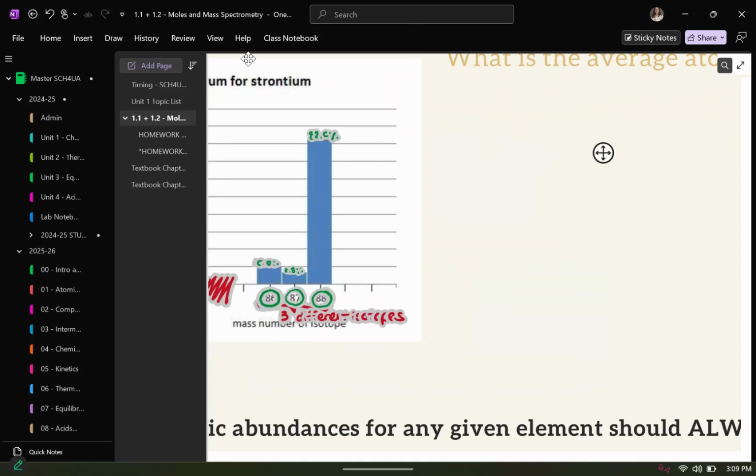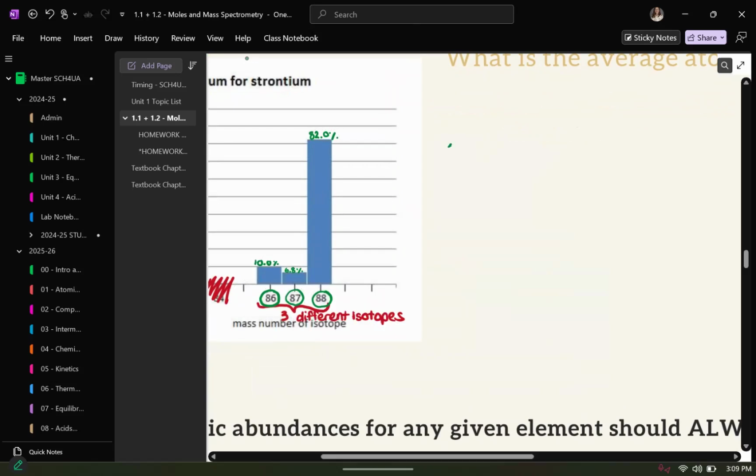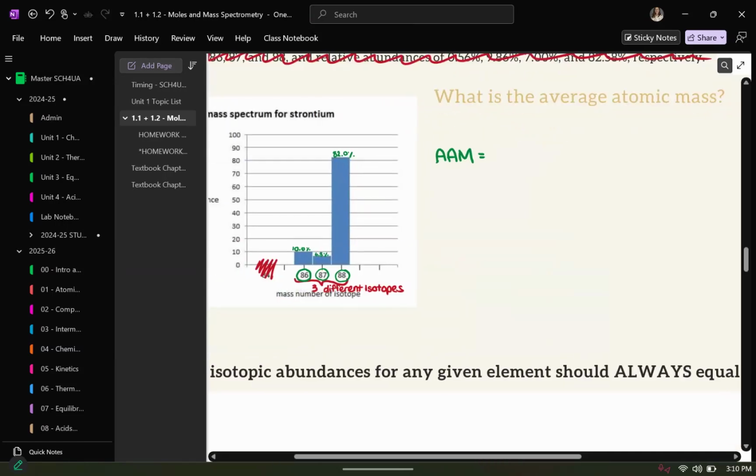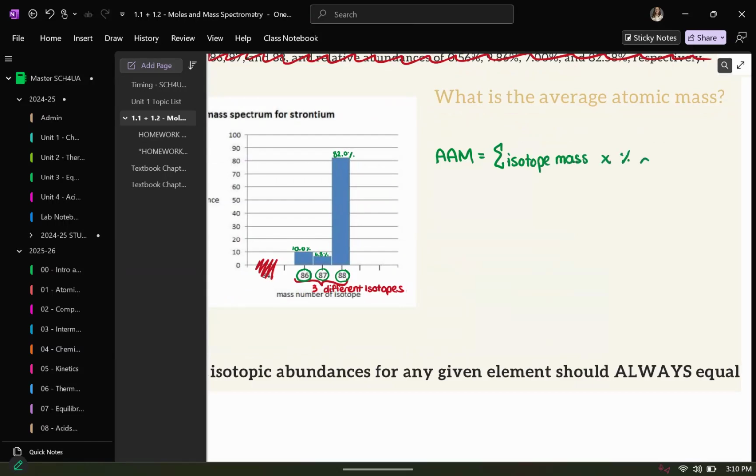And so if we were to do that, average atomic mass is equal to the sum of the isotope mass times its percent abundance.